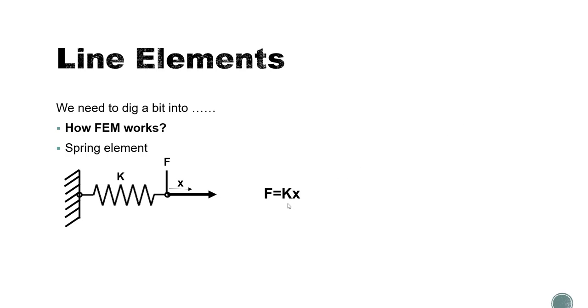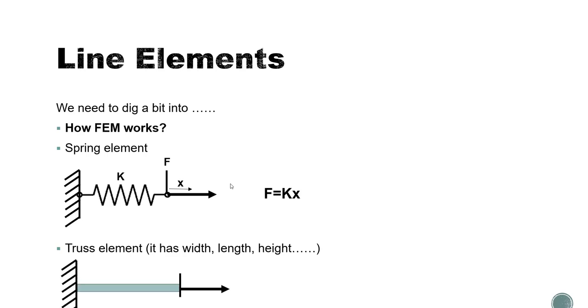In general, the K matrix has the properties associated with real world objects. Like in the case of springs, this K is the stiffness of the spring, and in the case of a truss, it could be area or maybe moment of inertia. So when we look at the truss element, there is a force F acting on the right side. If this truss moves by the distance x, we can write the deflection in terms of F equal to Kx.